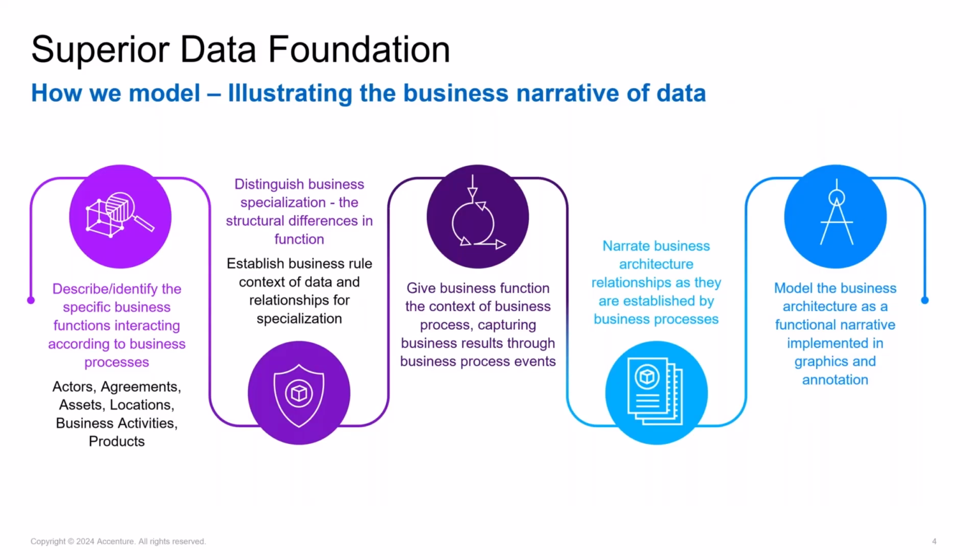So knowledge modeling, the business architecture, begins by establishing the identity of business function as action performed. We further distinguish function specialization to define the exact context in which descriptive characteristics or attributes, as well as business actions represented by relationships, apply.